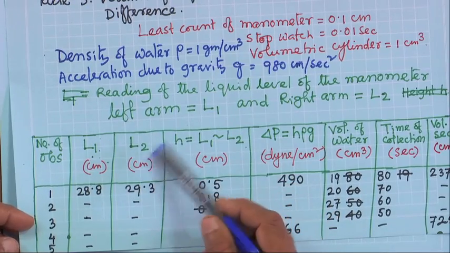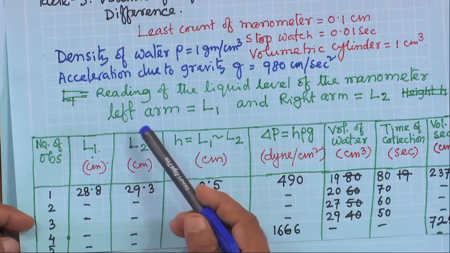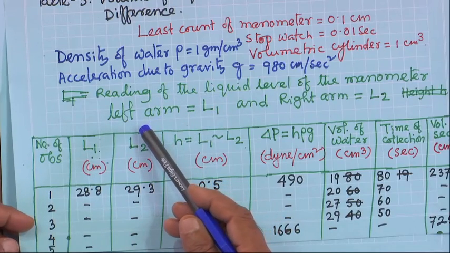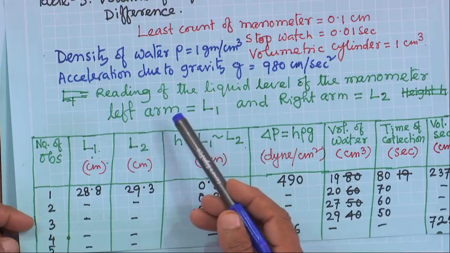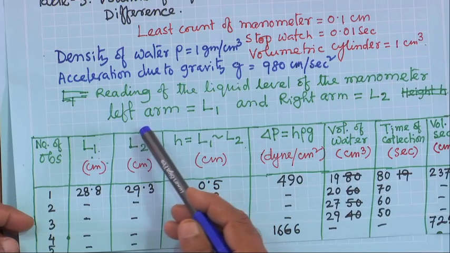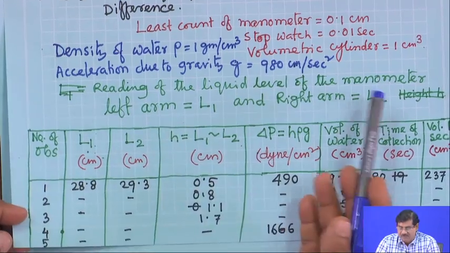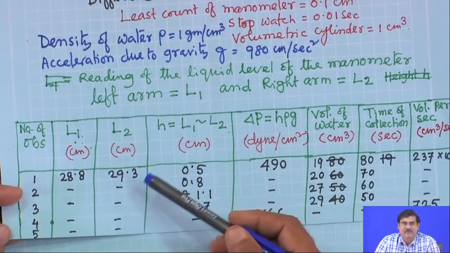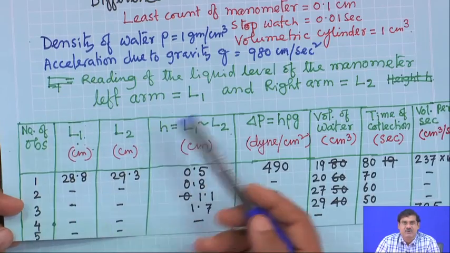You see, I am showing the table in a different way. For a particular experiment you can decide which way you want to write it. You can even make a better way than whatever I am showing.